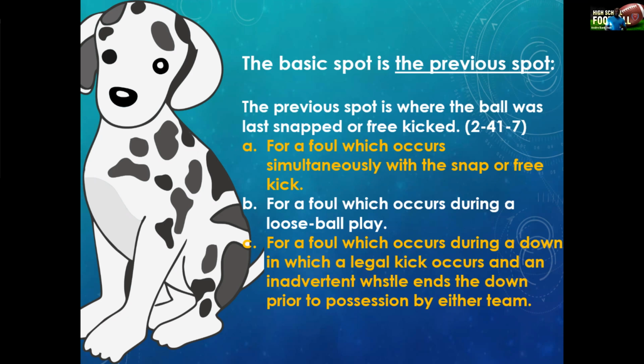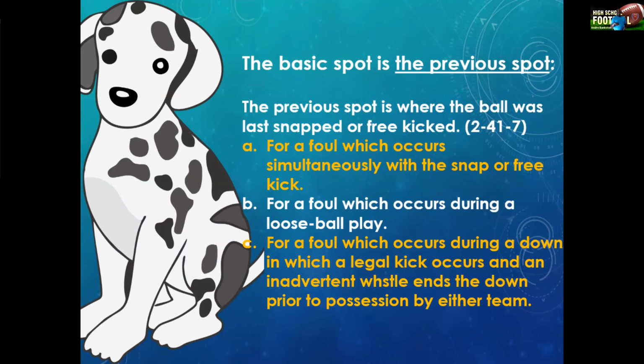However, because there was a foul, remember, fouls supersede inadvertent whistle. So there's a foul in the play prior to the inadvertent whistle, the foul is still in effect and we can administer it. But where are we going to administer it from? The previous spot.